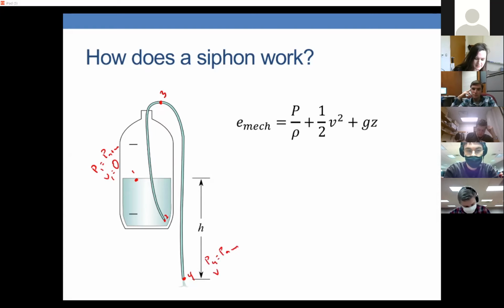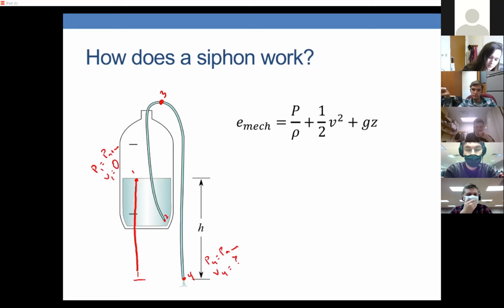And then the velocity is something we don't know exactly. Point 4 is lower down than point 1. So we know that somehow through this process, the potential energy at point 1 has been transformed into kinetic energy down here at point 4. But in order to do that, we had to get it up over the top.